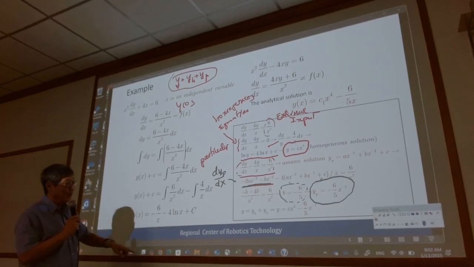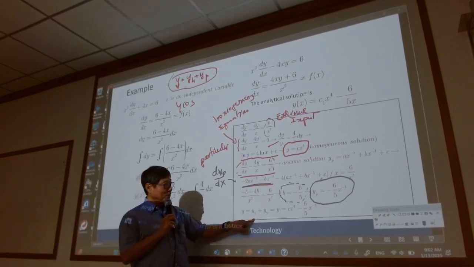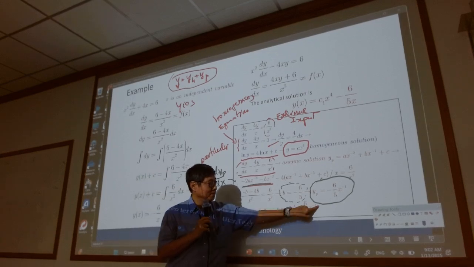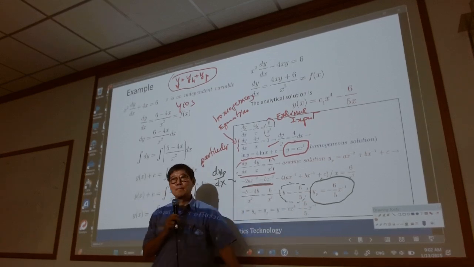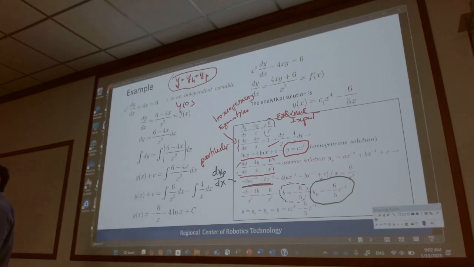So the total solution will be the homogeneous solution plus the particular solution. This is the total solution. If you want to find C, you have to know an initial condition.